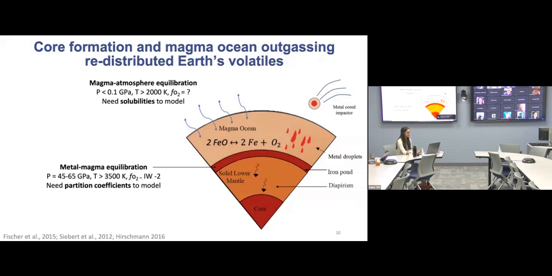Okay, any other question? I have a question. Yeah. Sorry, this is a multi-part question that's going to reflect how little I know about this. Our understanding of the volatile element budget in the core is mostly based on seismometry, to get density measurements. Is that correct? I would say that's one part of it. The other part is studying how the density of iron changes if you put different components in it.